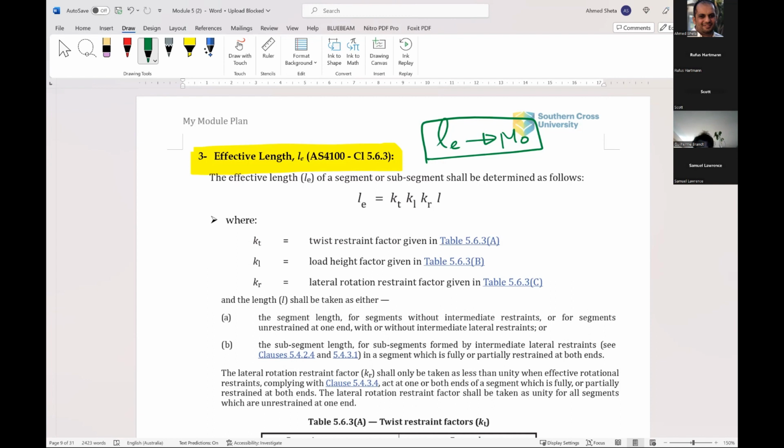Anyway, we were in the procedure of determining the member capacity of beams without full lateral restraint, and we have reached the point where we need to calculate the value of M naught, which is the reference buckling moment. To calculate M naught, we need L effective, which is the effective length of the beam.